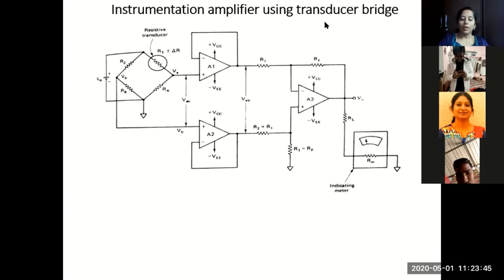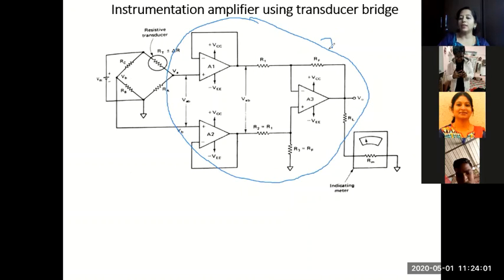So as you can see here, this whole thing is your instrumentation amplifier, the intermediate stage what we saw. Okay, and what does it consist of? It has two. What circuit is this?